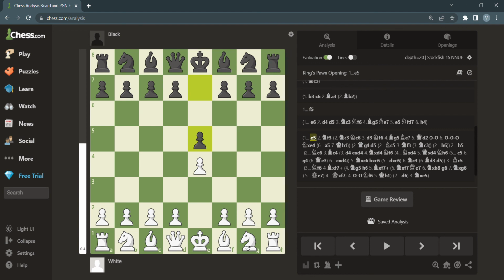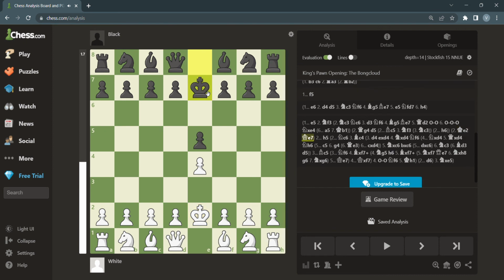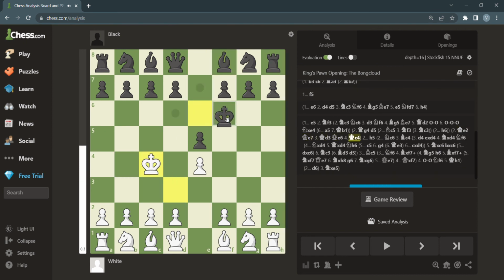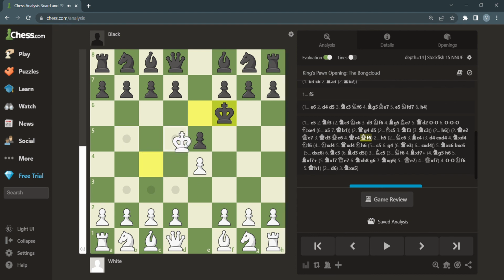Okay, and how does the king move? The king moves 1 square in any direction. Remember, pause the video and tell me why you can't move the king here. Well, if you figured it out, it's because the bishop would be here, and the king would be moving itself into an attack.